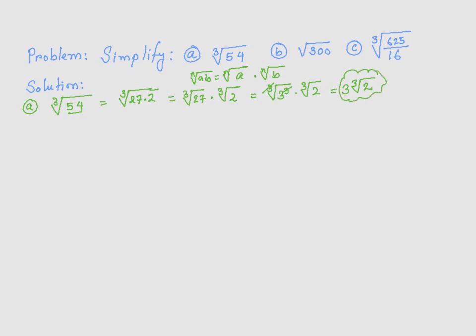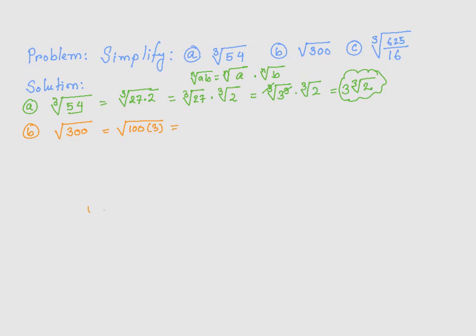Now let's work on the next problem, which is B. That's very similar to this one as well. Square root of 300. Since it's a square root, we want to factor out the largest perfect square possible from 300, which, by the way, you probably already know is 100, because 100 times 3 is 300 and 100 is a perfect square because 10 squared is 100.